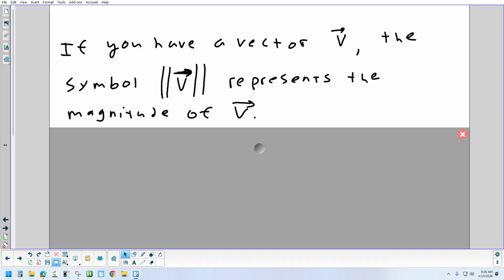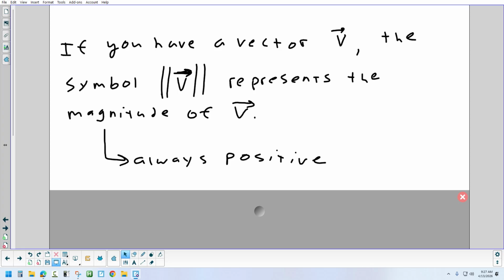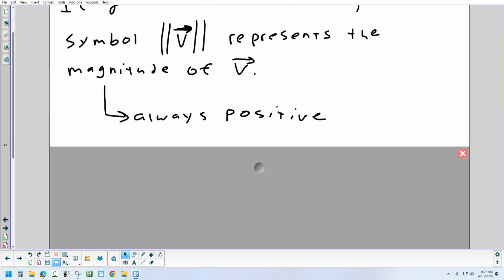There are real numbers that would not make sense for magnitude. Anyone think they can tell me what kind of number we always have to get? Yeah, positive. It has to be positive, right? Because it's magnitude. When you're talking about the speed of an object, you don't have negative speed. You could have direction south instead of north, but that doesn't mean you're driving negative speed. You're going in a different direction. So the magnitude of a vector is always positive.